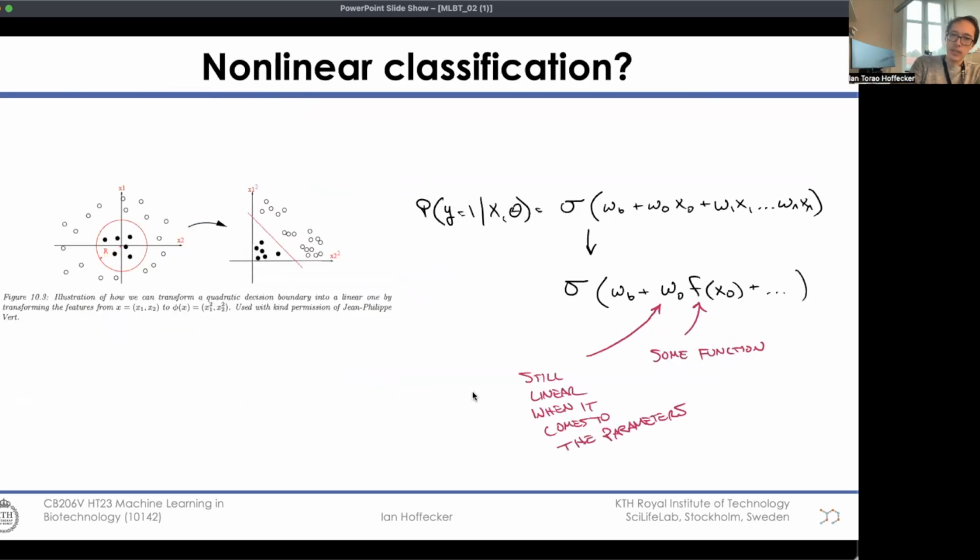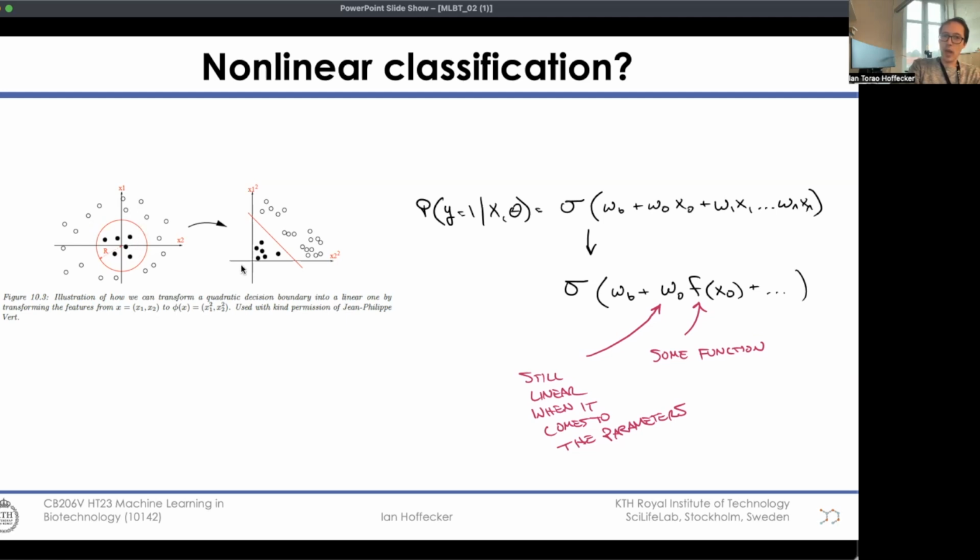And then finally, a note here on the idea of doing nonlinear classification. So as with linear regression, as long as we're linear in the weight terms here, the coefficients or parameters, then it's still linear regression. And this means that you can have a nonlinear function of x and still perform this. So for example, we could have radially distributed data here that we want to classify.